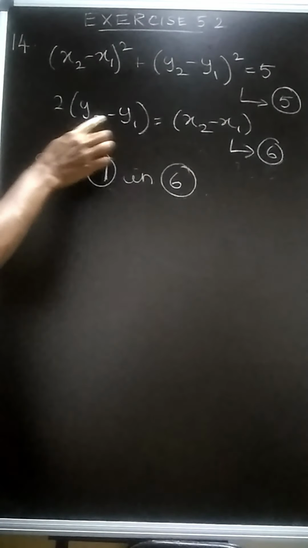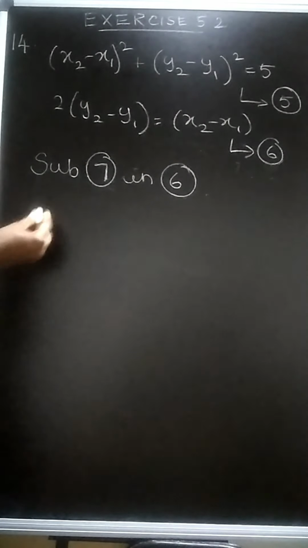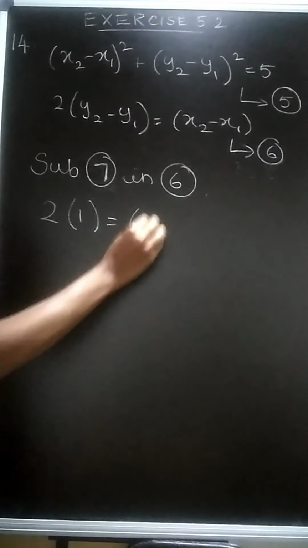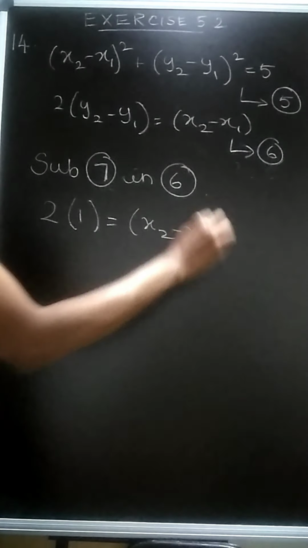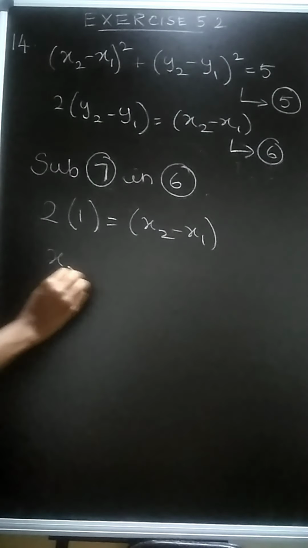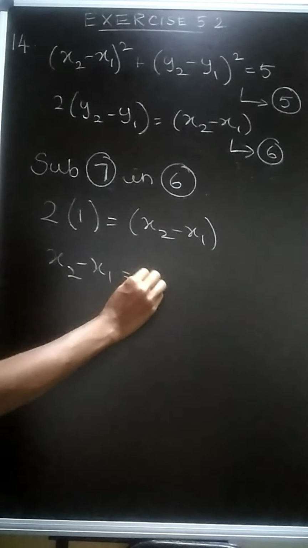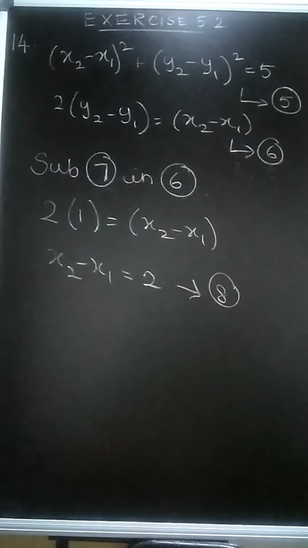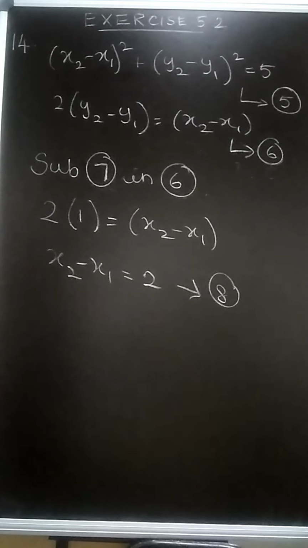Now substitute y2 minus y1 is equal to 1 in equation number 6. So what you will get? 2 into 1 is equal to x2 minus x1. So x2 minus x1 is equal to 2. This is equation number 8. Now we have got 8 equations and among that we are going to take 4 equations and solve them.